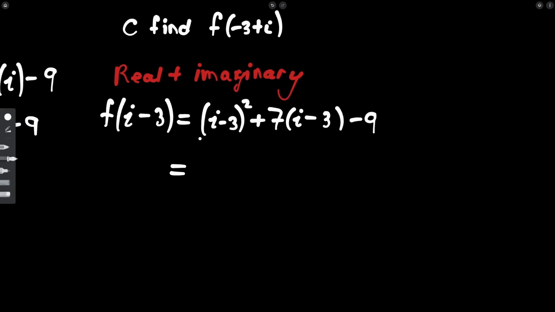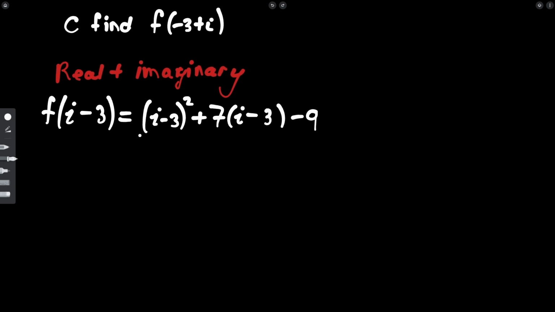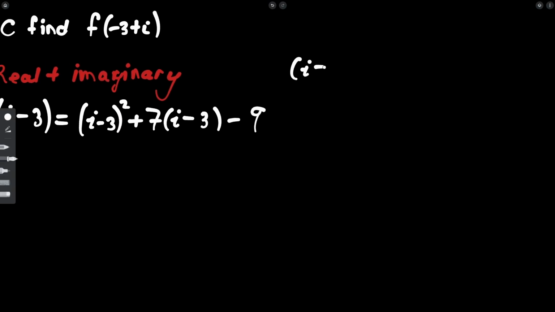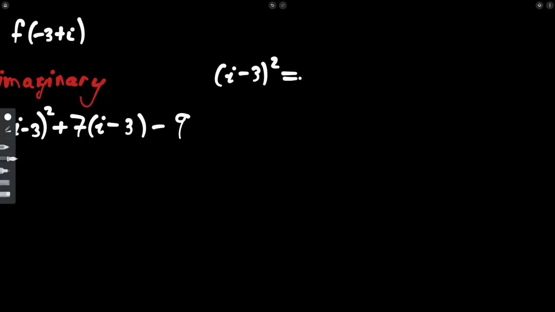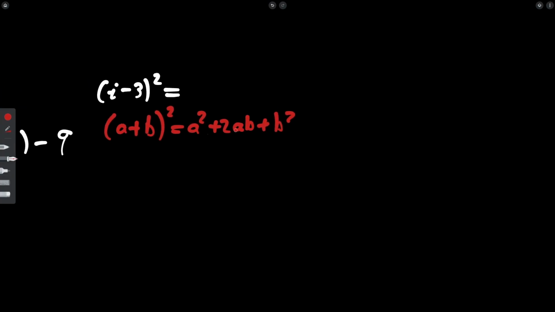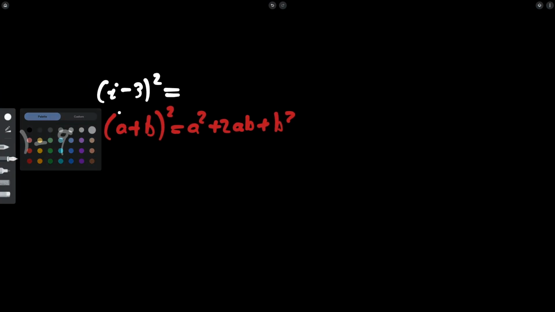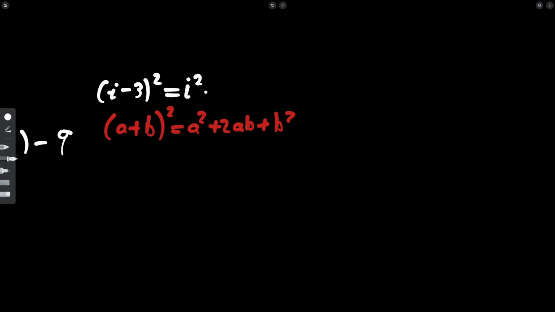First, let's work with this one. I'll work on them individually and then add them back together. I'll write it here on the side, i minus 3 squared. I'll use the property that we have already discussed: a plus b squared equals a squared plus 2ab plus b squared. With this, we can say that this is i squared minus 6i plus 9.